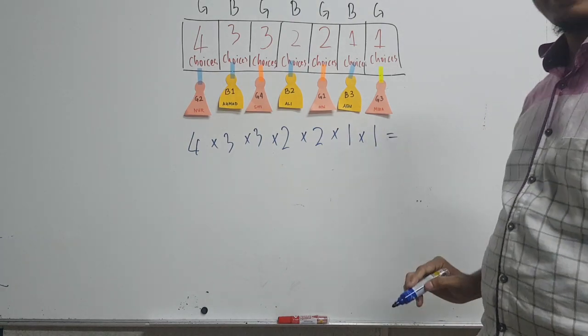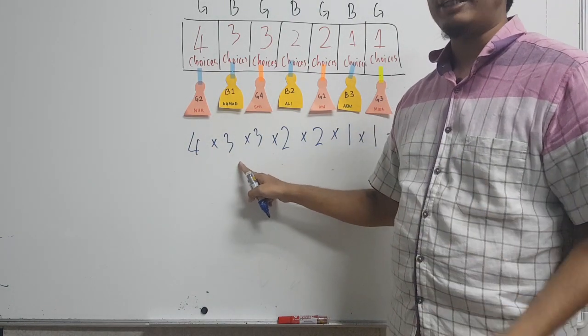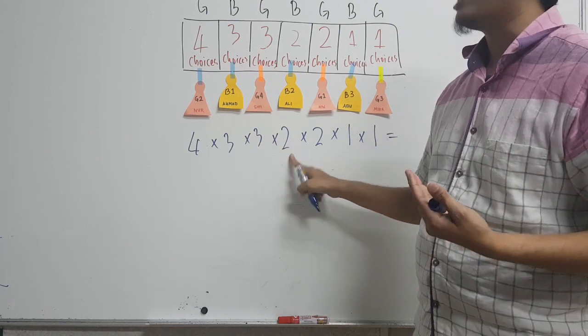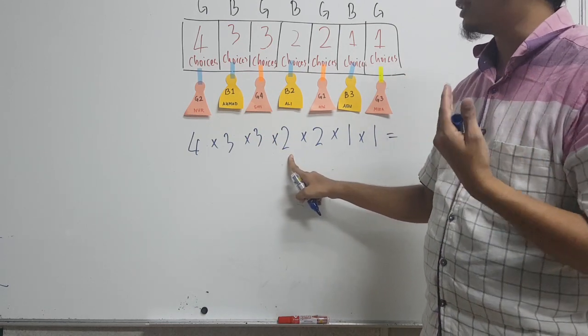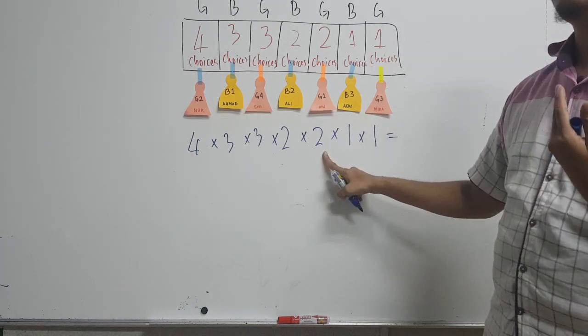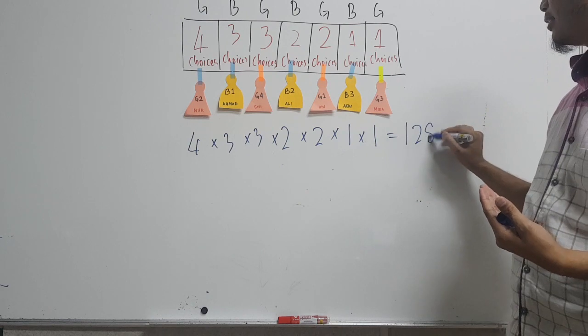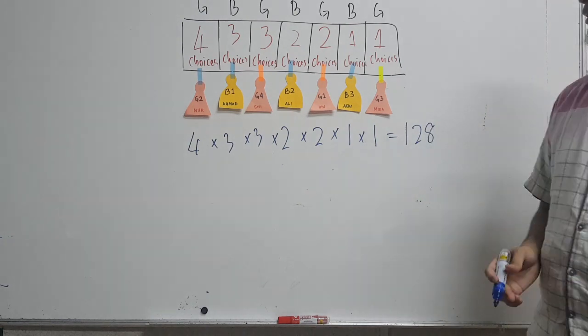How much altogether? 4 times 3 is 12, times 3 is 36, times 2 is 72, times 2 is 144.